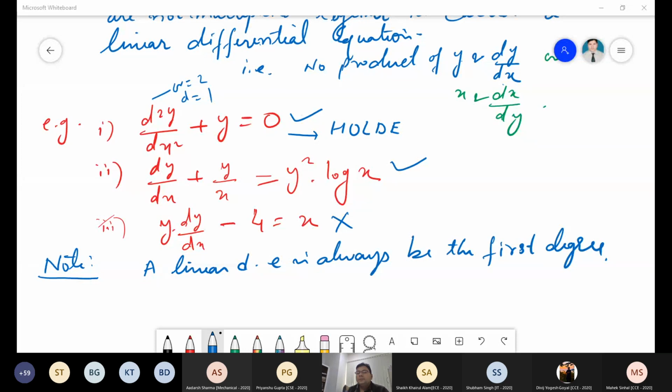Ishika, Sanjeev Banet, is there in the class? Yes, sir. What is the second equation? The first equation I've written here. Higher order linear differential equation. Great, fine.